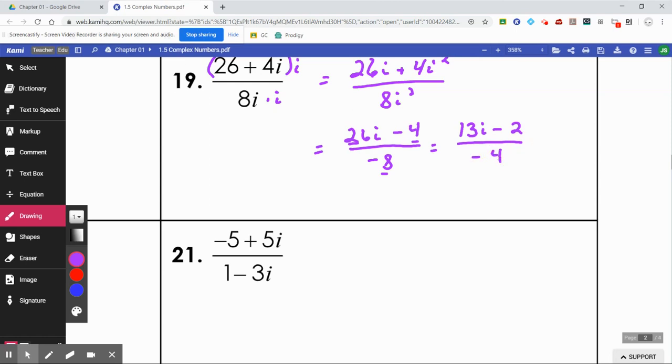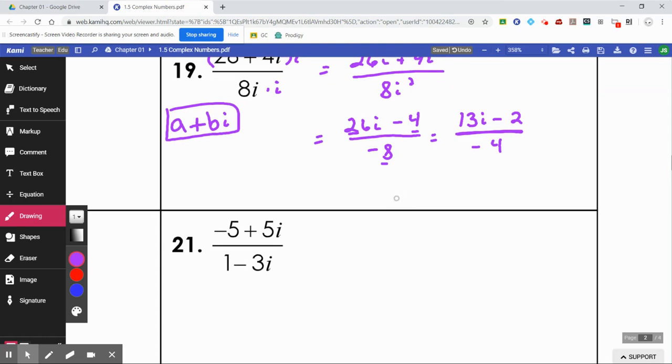And I want you to get into a habit of leaving your answers in a plus bi form. And this is definitely not. But we can get it there by splitting that. The distributive property, we're going to take 13i and divide by -4, and we can take -2 and divide by -4 as well. And then that's going to get us in our right form.